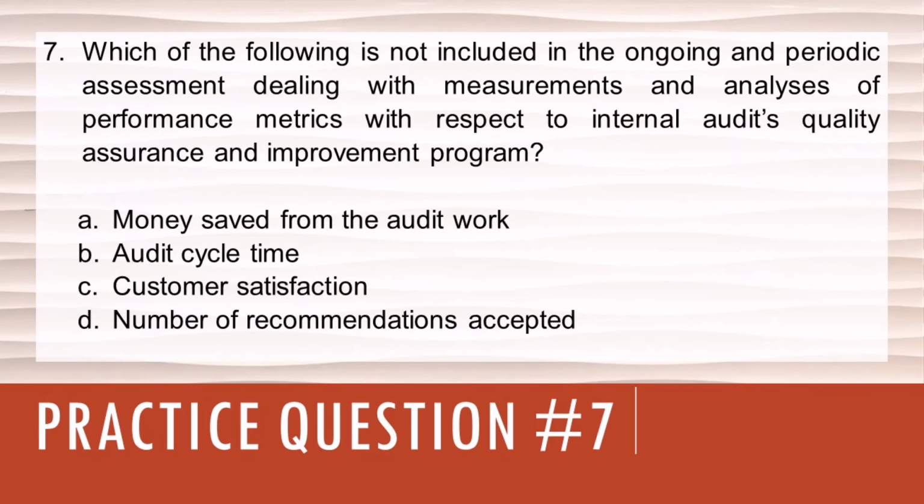Number 7. Which of the following is not included in the ongoing and periodic assessment dealing with measurements and analyses of performance metrics with respect to internal audit's quality assurance and improvement program?